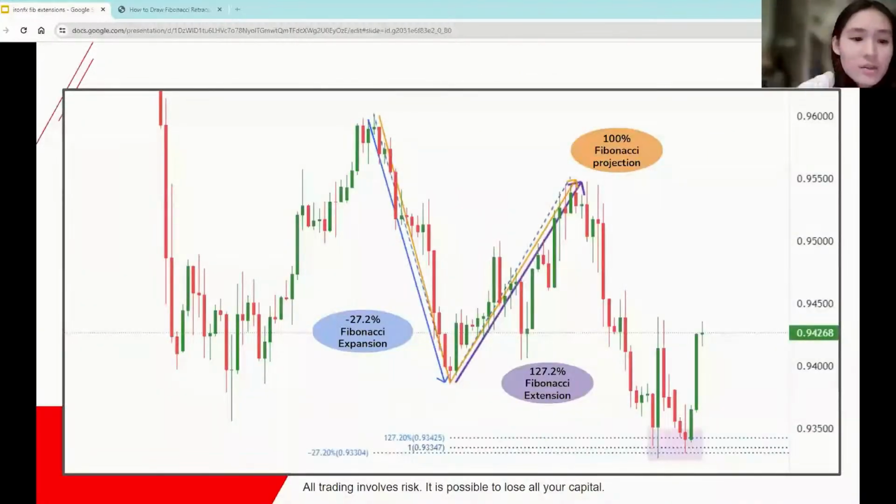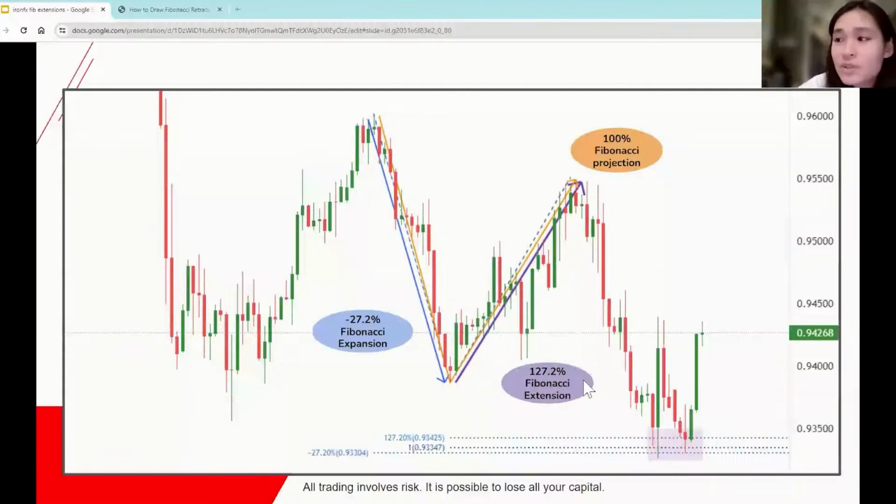Okay, this is our last example. In this example, we have the minus 27.2% expansion, which is the blue arrow. That lines up with our 100% Fibonacci projection, which is the lightning bolt shape, with starting point, middle point, and ending point as indicated with the orange arrows.